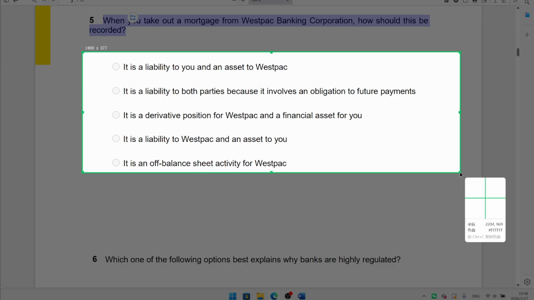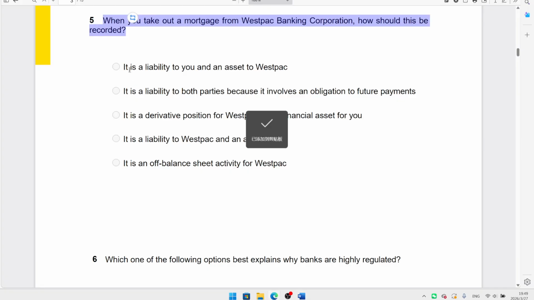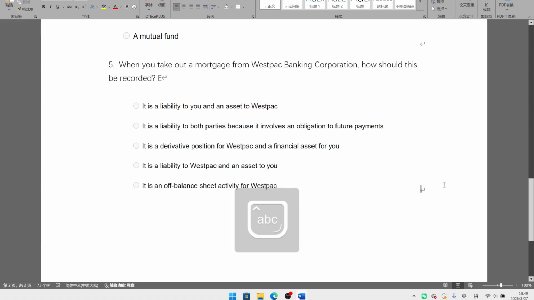The mortgage is off balance, on balance. Mortgage. So is it an asset or not? It's a liability for me. I borrow money and nothing here. So it's A, B, C, D, E. It's an off balance. Great.